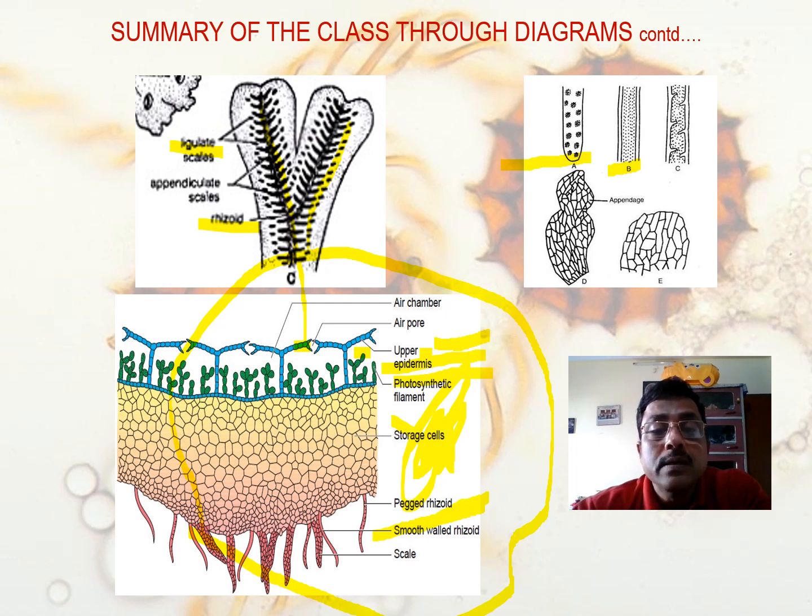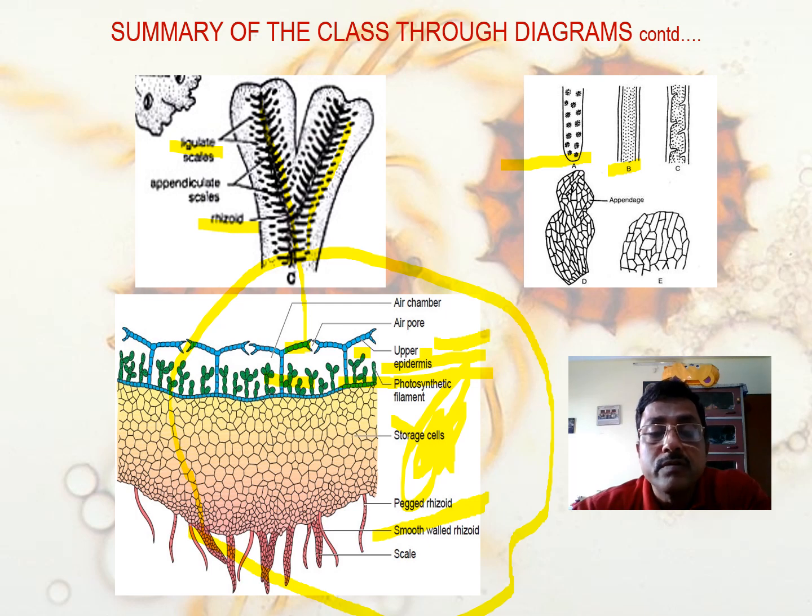So just below each air pore, the air chamber is present. This is the air chamber part. Each air chamber opens towards exterior by these air pores. The air pores are meant for gaseous exchange between exterior and the interior of the thallus. Okay? And the upper epidermis is protective in function.